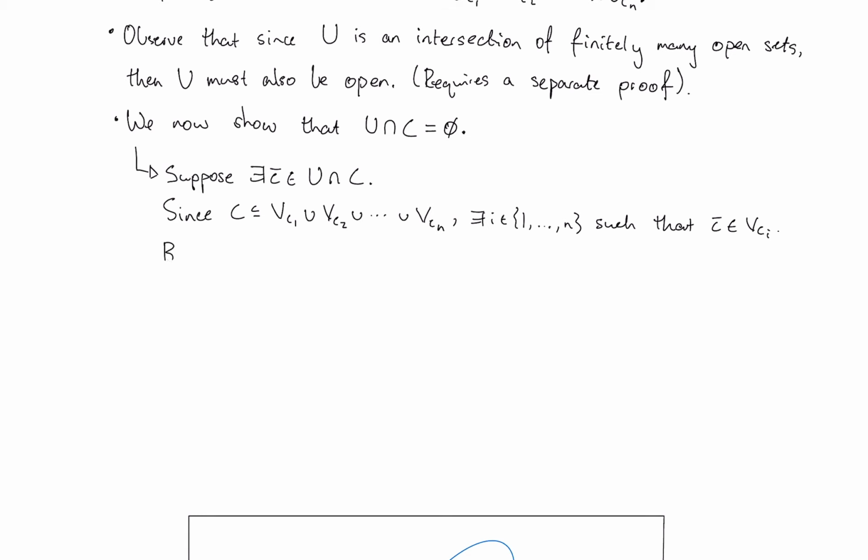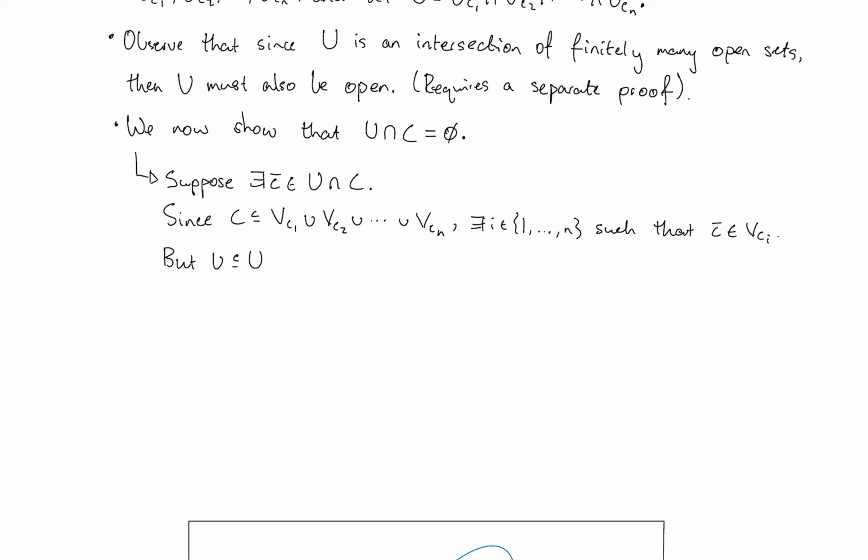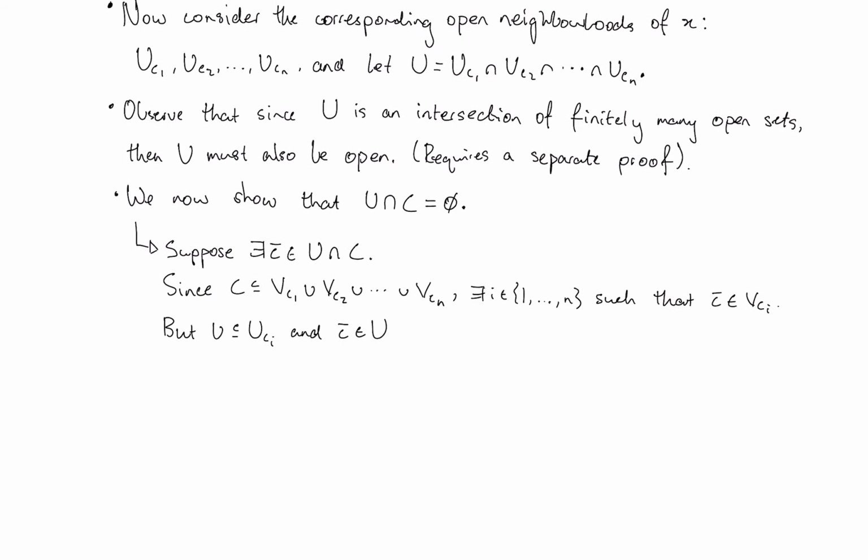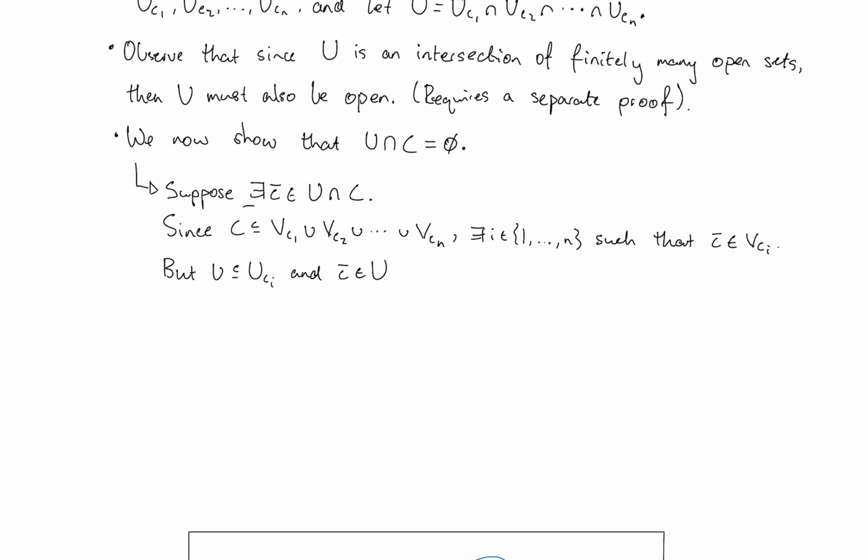Okay, but we know that U is contained in UCi for some i, and our point here, C bar, lives inside U because we've made this supposition here.